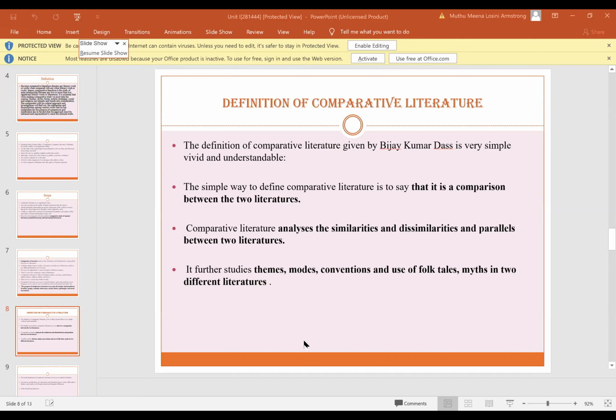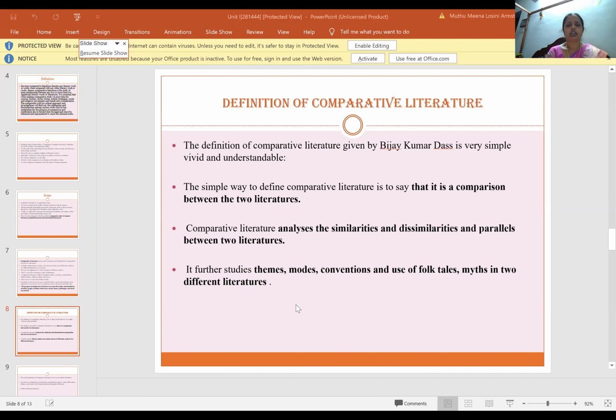The definition of comparative literature given by Vijay Kumar Das is very simple, vivid, and understandable. The simple way to define comparative literature is to say that it is a comparison between two literatures.